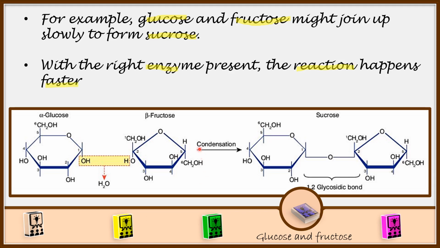So when we have a reaction like this one, which is a condensation reaction, and it is taking place in the absence of an enzyme, the product is going to be obtained, but at a slow rate. But when we have the right enzyme, that right enzyme is going to speed up the rate of the reaction, and the product is going to be formed very fast.